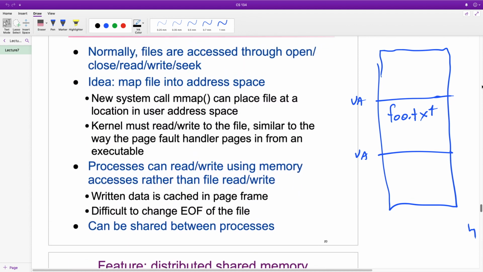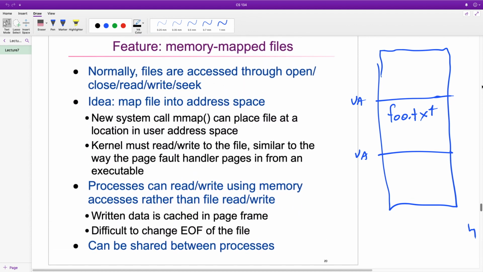What if someone else opens foo with normal file system calls and then either starts reading from things that have been modified in the memory map but haven't been written out yet, or starts writing to it? There has to be a coordination in the kernel between the file system work and this memory mapped I/O, such that basically there's a cache of disk buffers, and it has to make sure that this page is being used not only here for the memory mapped, but also used as the cache for reading from the file.